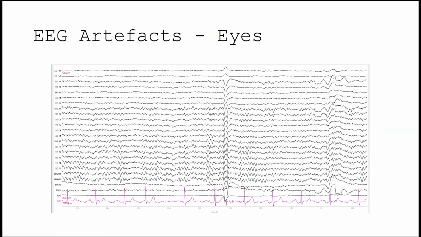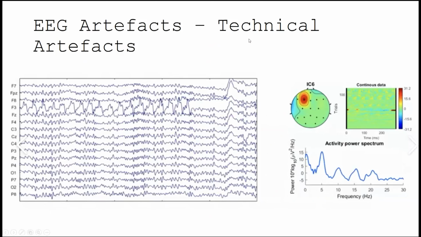But also we see that it's very large at frontal areas, at the F electrodes, which means, okay, this might be eye movement or something recorded from the eye. We will learn later some methods to extract those artifacts, but at first, just remember those large amplitude changing potentials are most likely eye artifacts.